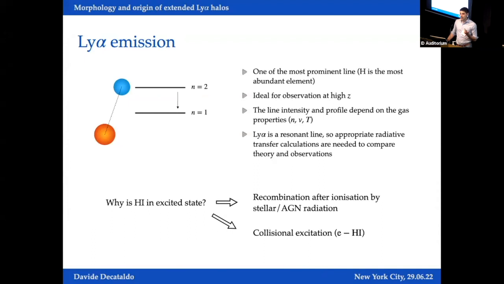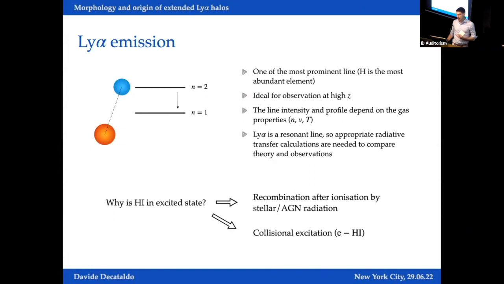Indeed, this line is resonant. It means that the photons scatter a lot around the galaxy, so it's not immediate to relate the observed light to the properties of the galaxy. So it's important to mention the main mechanisms responsible for hydrogen being in an excited state, because if we want to observe this line, we first need to understand why hydrogen is found in an excited state.